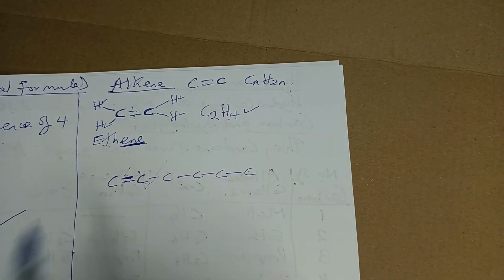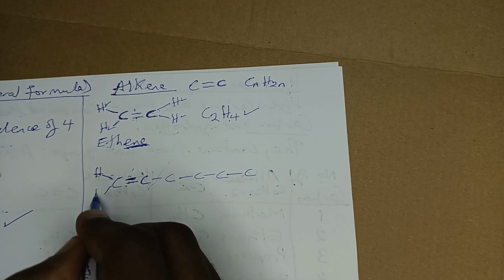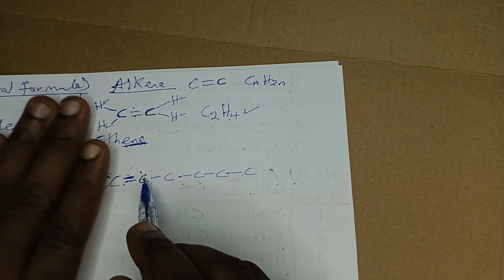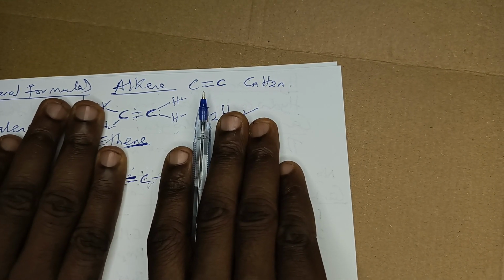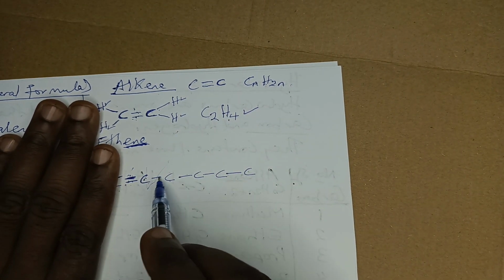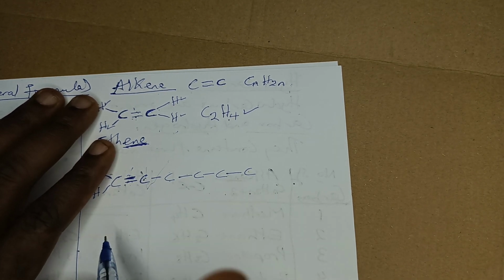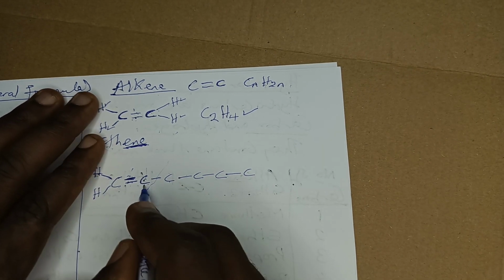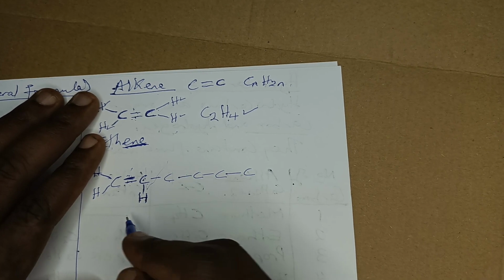It remains 2, so we have to put them here, 1 and 2. Just now check this carbon. How many bonds? Cover here, cover here. You can see that it possesses 3 bonds, 1, 2, and 3. It has 3 bonds already, so it remains only 1 to make it 4. So it means we put it either up or down. I decided to put it here.